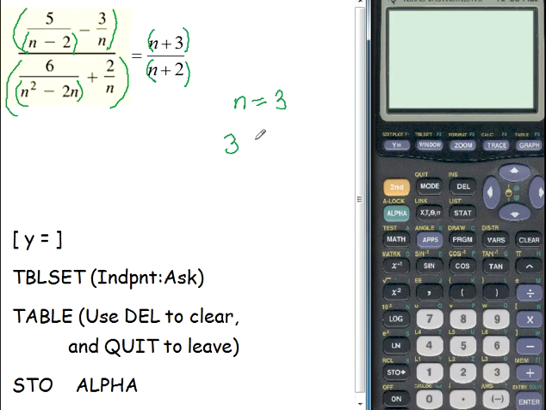And the way you do that is you hit the 3 first, then you hit the store key, and then you hit N. And letters other than X require the use of the alpha key.